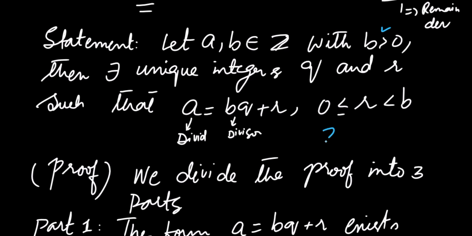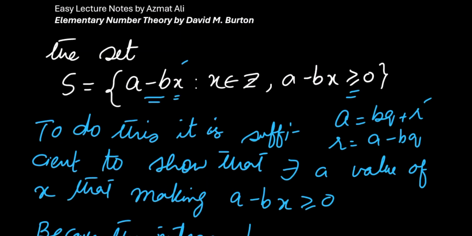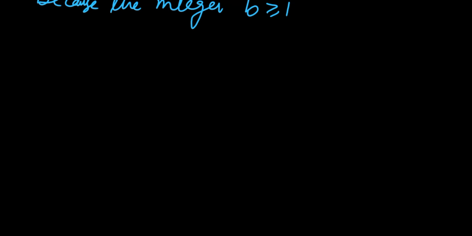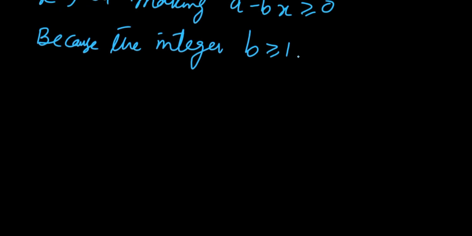In the set of integers Z, the next integer after 0 is 1. So our b is always greater than or equal to 1 because b is positive here.